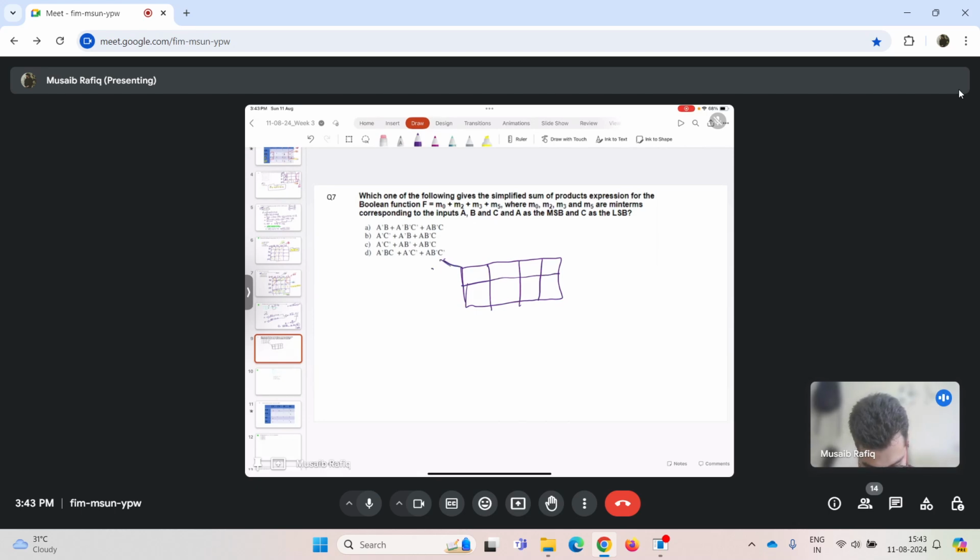And here is your MSB, that is A, and here are your other terms where C is the LSB. So this will be A bar and this will be A, this will be B bar C bar, this will be B bar C, this will be BC, and this will be BC bar. This is 0, 1, 3, 2, 4, 5, 7, 6.